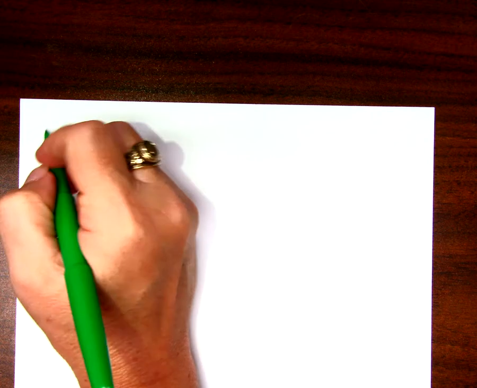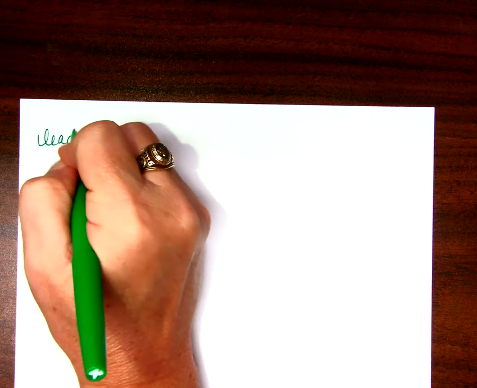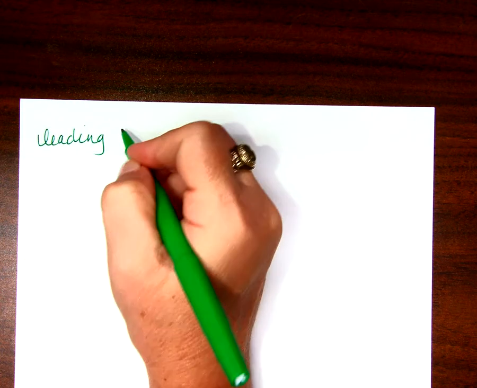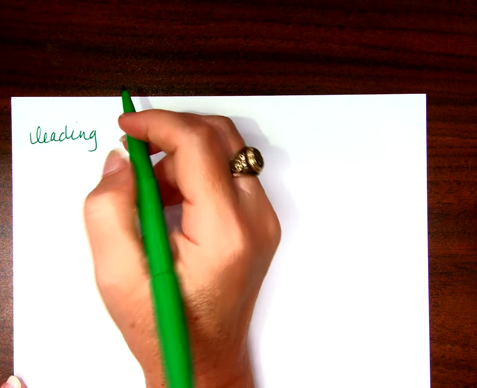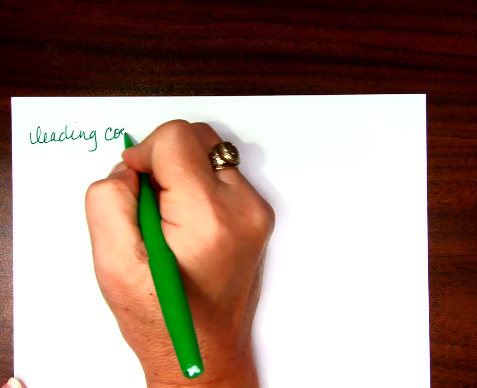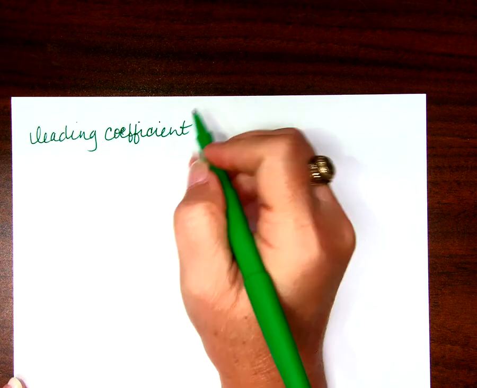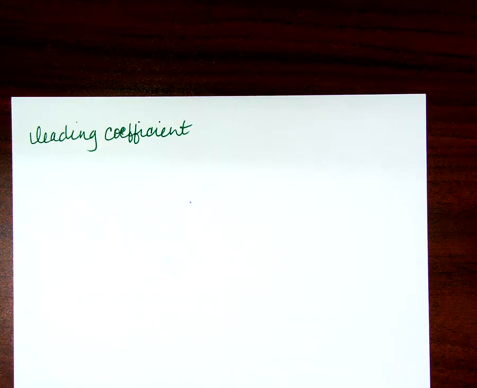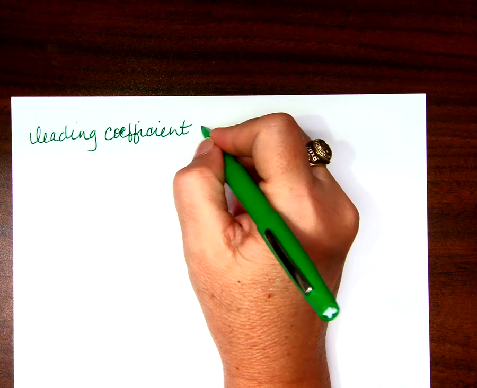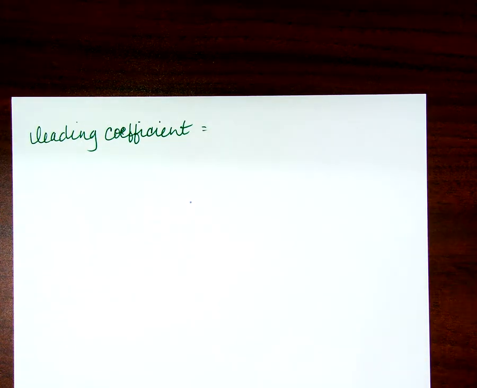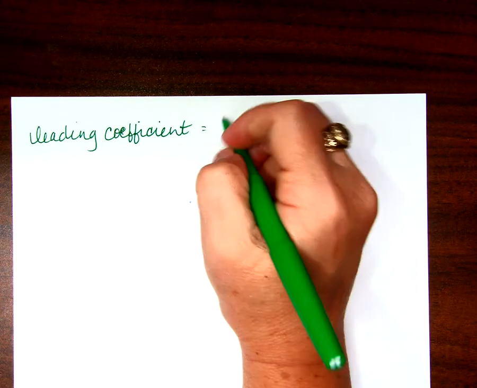But before we can start talking about that, there's some words that I need to make sure you understand the definitions. In some classes, they call these vocabulary. For the record, that does not say leading coefficient, that's leading coefficient. What is a leading coefficient? It's the first one, right?